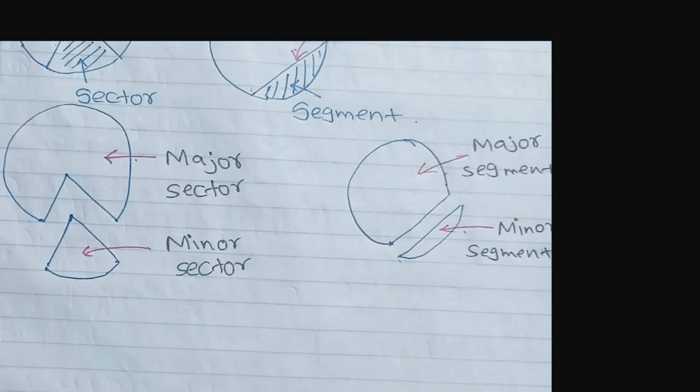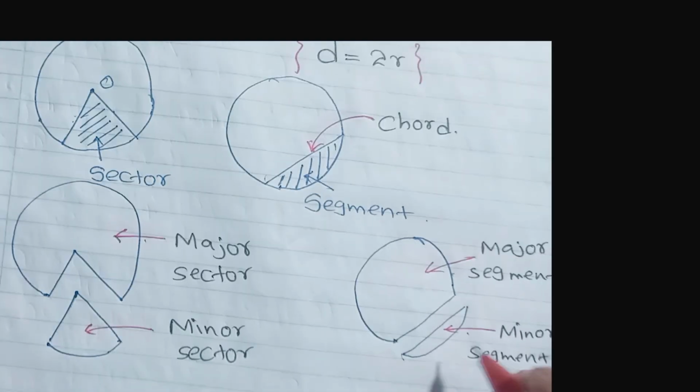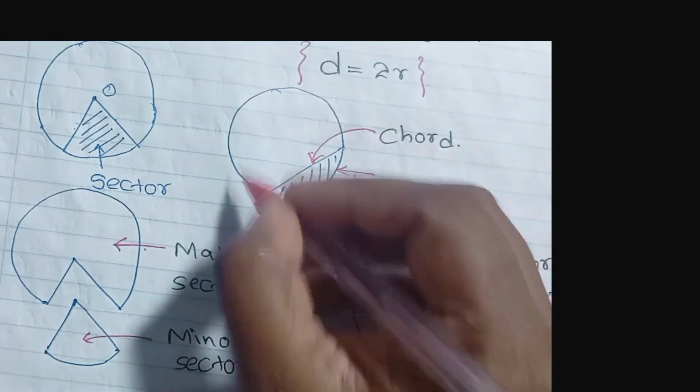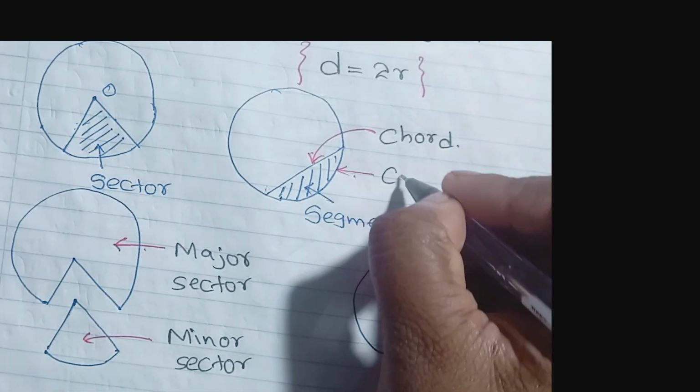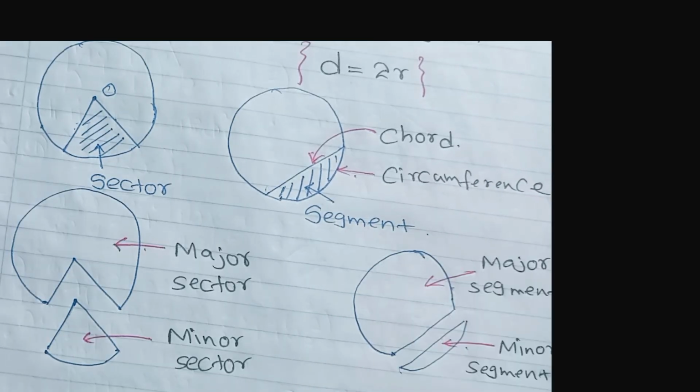Okay, and also you can specially call like this small arc, right? This whole one is called what? This whole circular line we can call the circumference, right?